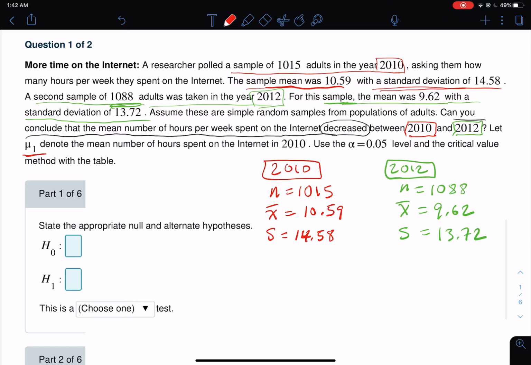And sometimes you might say something's less than or greater than, depending on how you define it. So this just makes everything unified for us. It says the population mu from our first group is going to be denoted as the number of hours spent on the internet in the year 2010. So essentially this 2010 is lined up with mu sub 1. So that would be a good thing right here to realize that these are all going to have our subnotations of 1.